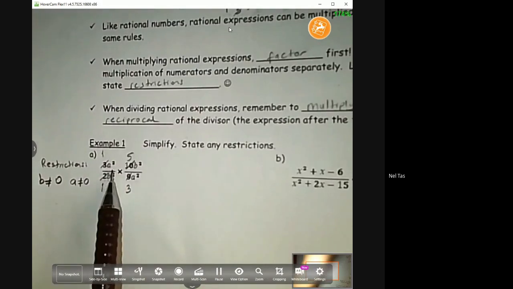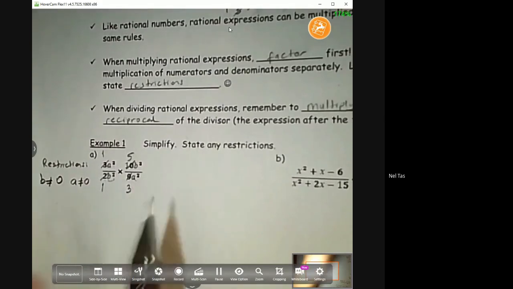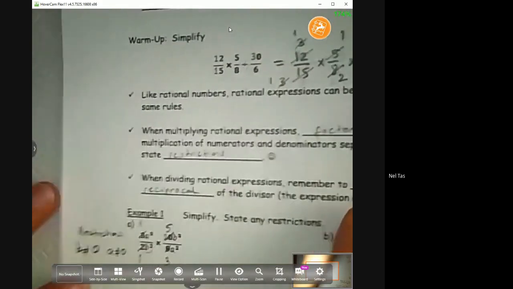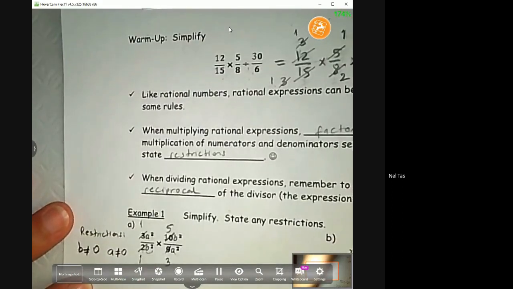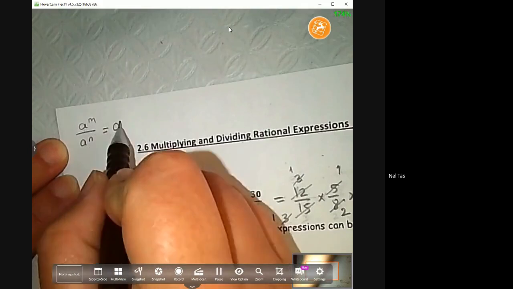So you have a cubed and you have a squared, right? Let's remember some rules for working with exponents. If you have a to the power of m over a to the power of n, how do you simplify this? If you have a division with the same base, you keep the base and subtract the powers.